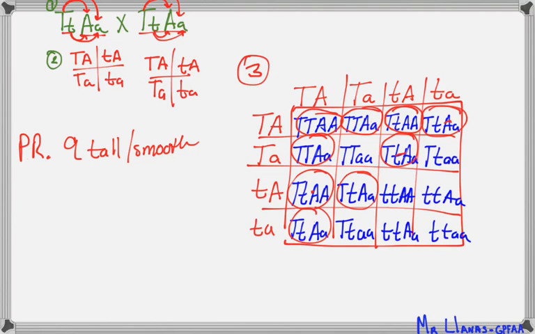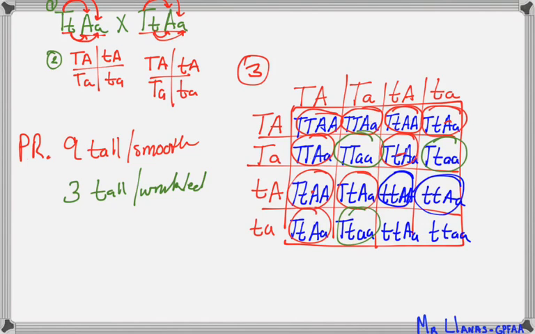And then we're going to have the next one. Let's see, this one is tall and wrinkled, tall and wrinkled, tall and wrinkled. So that gives us 3 tall and wrinkled, right? And then the next one is going to be short and smooth, short and smooth, short and smooth.